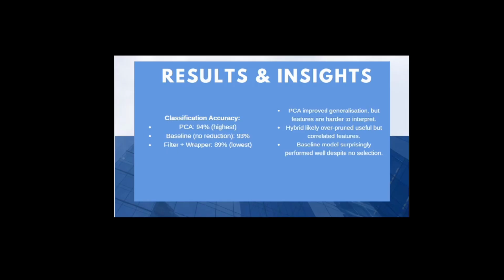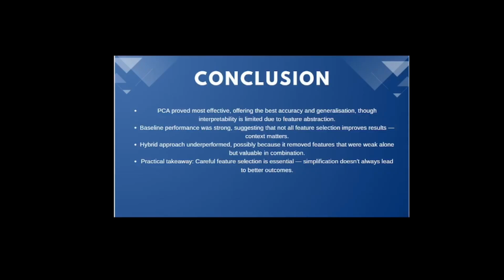Hybrid likely over-pruned, which means it might have cut off too many features that were useful in determining the price, so this is why it has lower accuracy. And baseline did well, even though it didn't reduce any dimensionality or cut off any features, it still got 93%.